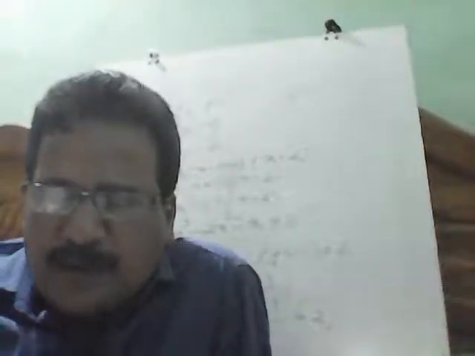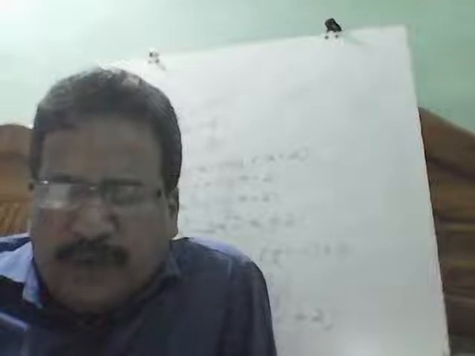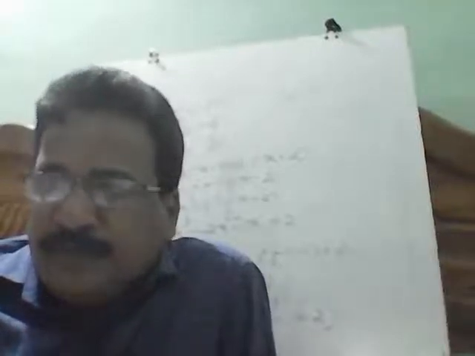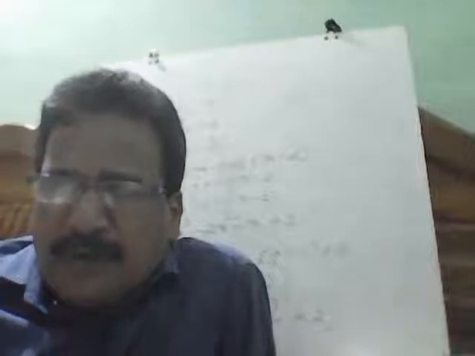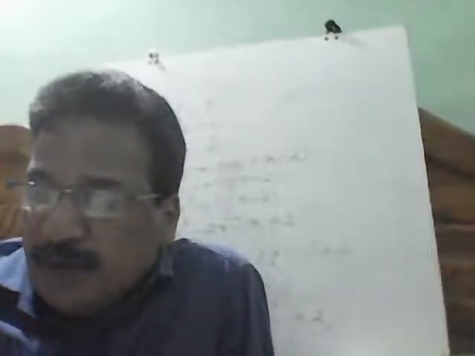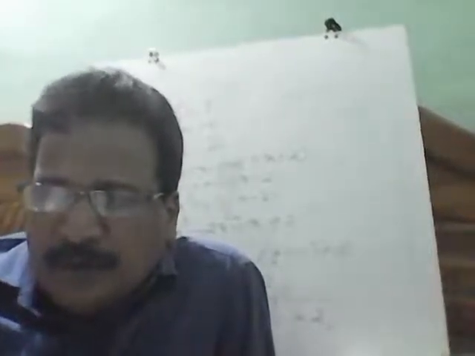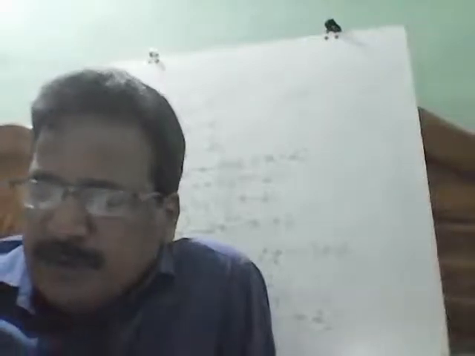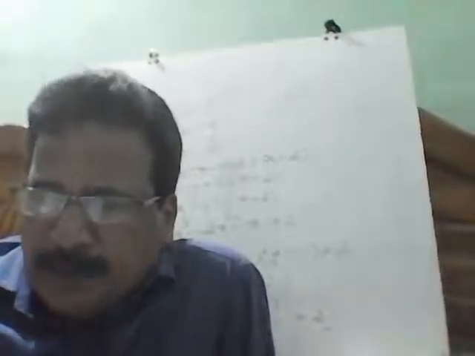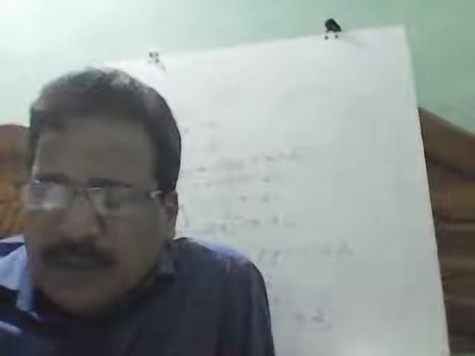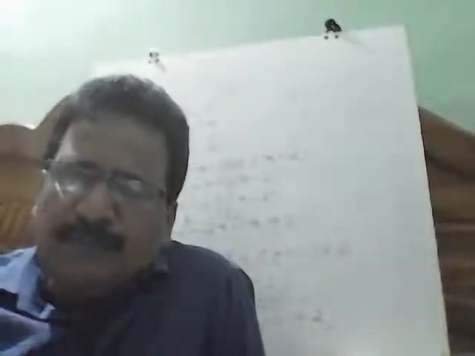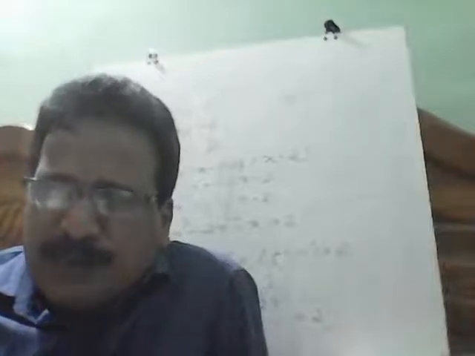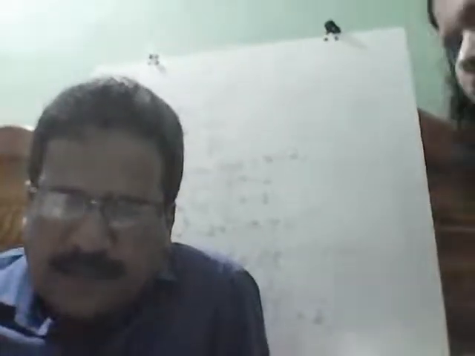You know this formula from your very early classes. Suppose a number is given, another number is given, you are dividing. If remainder is 0, then the number is divisible. Same concept is for polynomials.